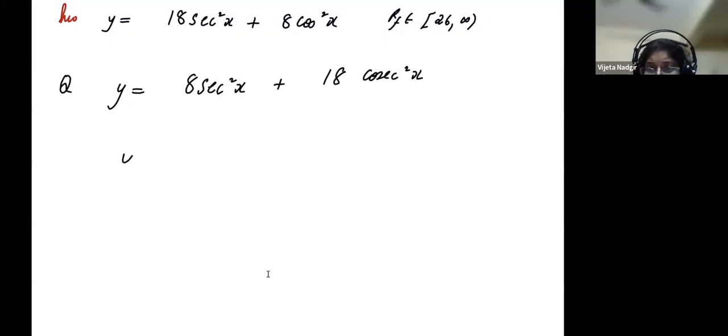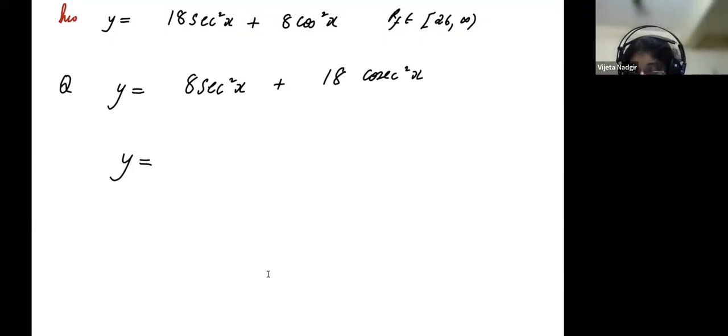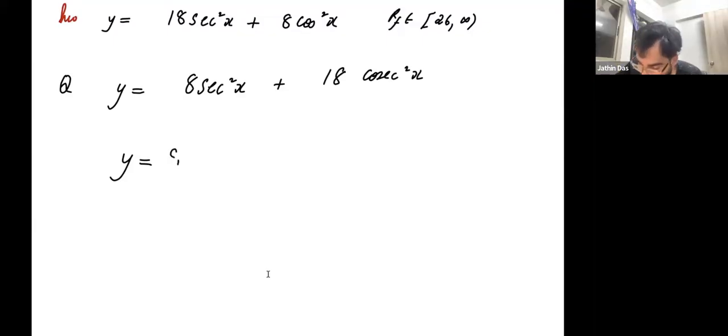Sec square is 1 plus tan square and cosec square is 1 plus cot square. So tan square and cot square, so reciprocal to each other.